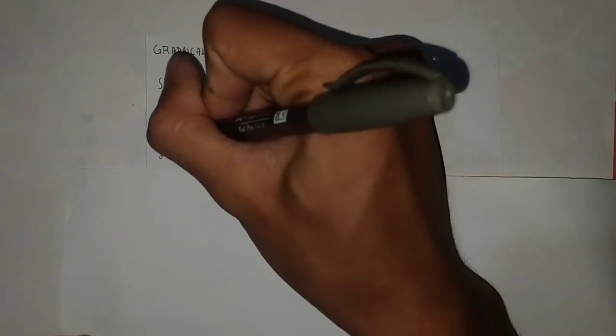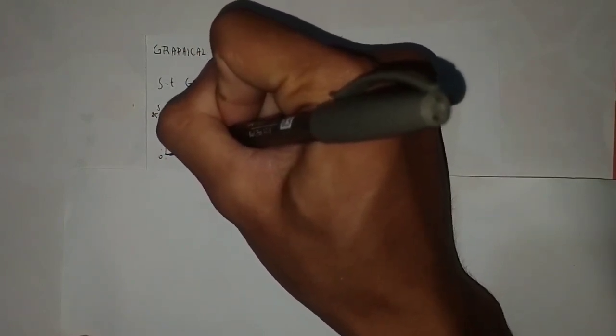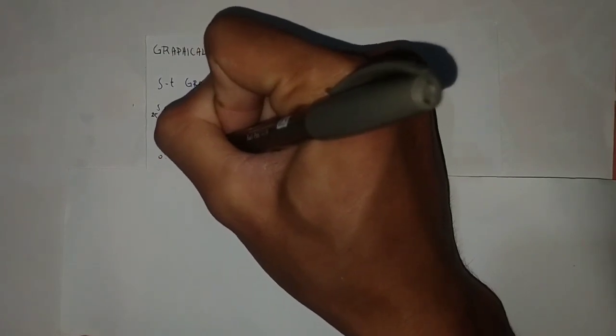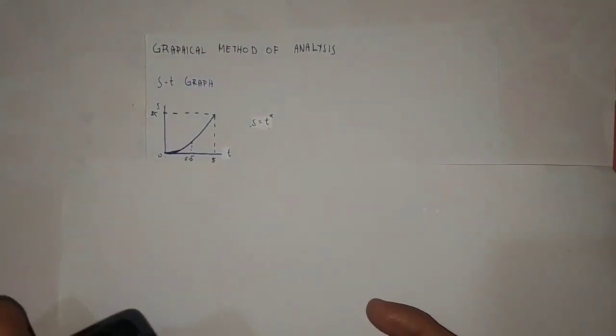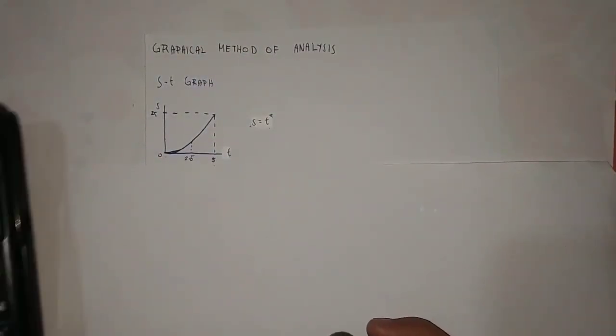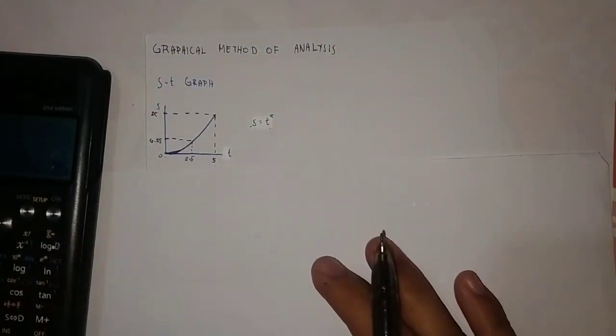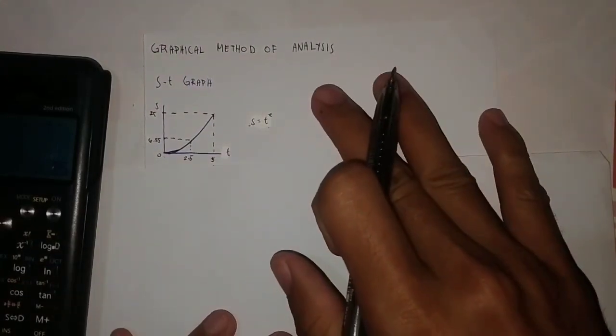Same goes, for example, if we have here 2.5. For a time of 2.5, your displacement would be 6.25. So that is how you construct your graph.